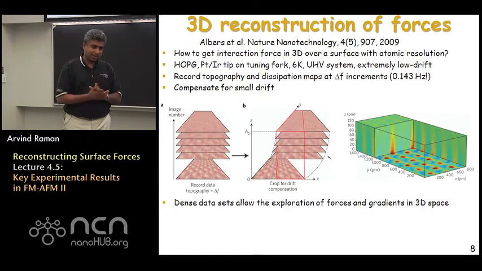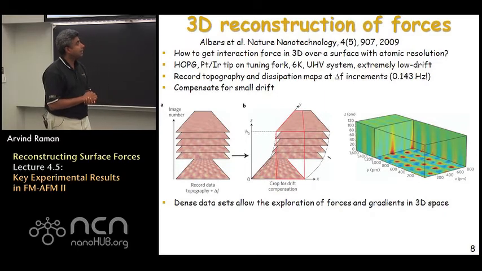And during that time, thermal drifts could come in, all kinds of drifts would come in, all kinds of corrections would have to be made, and it would be very hard to get, for example, data sets where you would have consistent height differences and consistent offsets to all the force versus distance curves and so on.